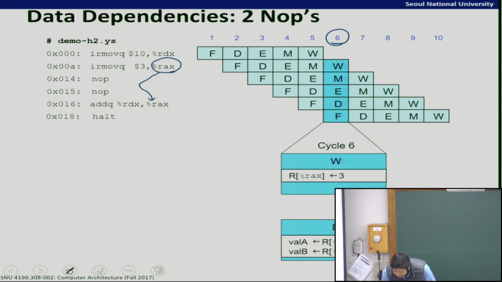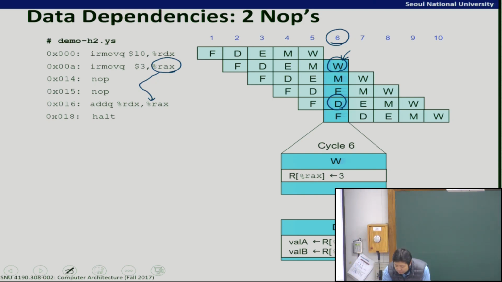In cycle 6, the move instruction is in the write back stage here, and this add instruction is in this stage. The add instruction tries to read the register value of RAX, right?